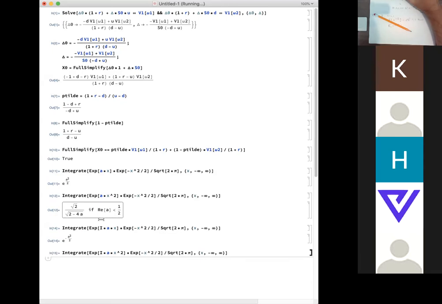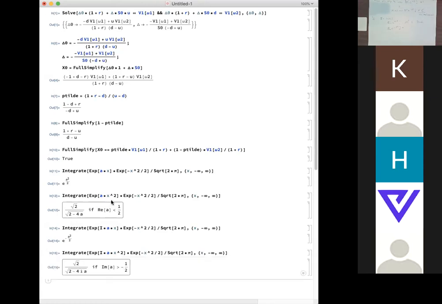It's going to be something with the same flavor as what we saw above, but let's see what Mathematica says. So we're going to get the square root of 2 divided by the square root of 2 minus 4ia. And you can see the condition now is different.